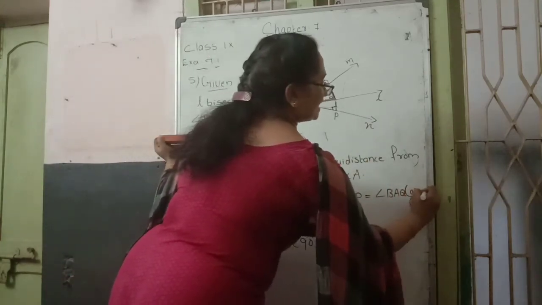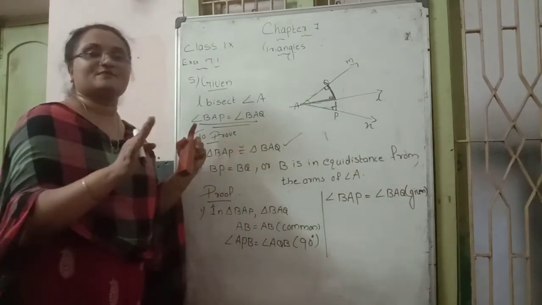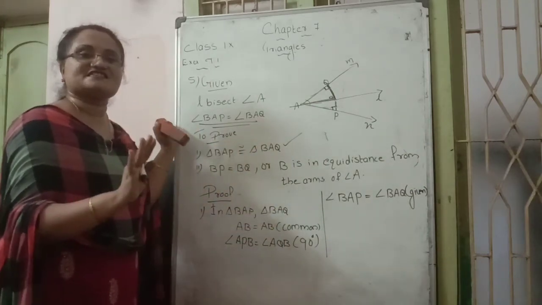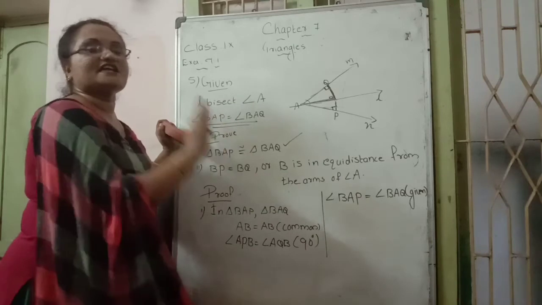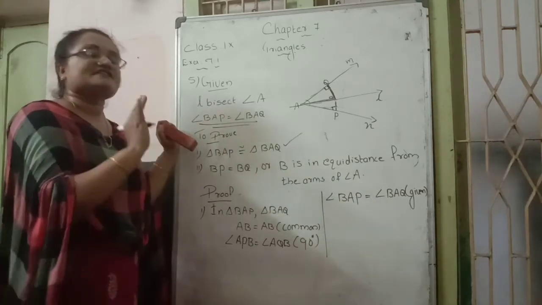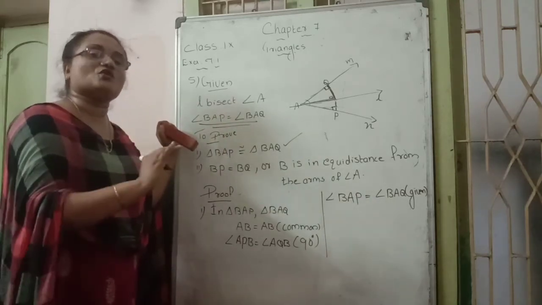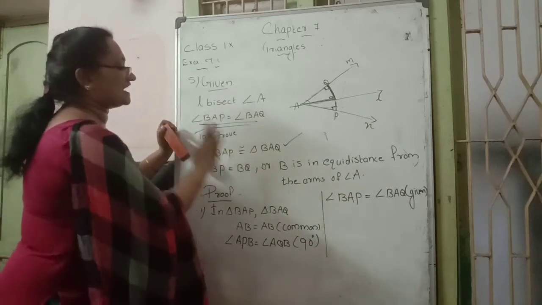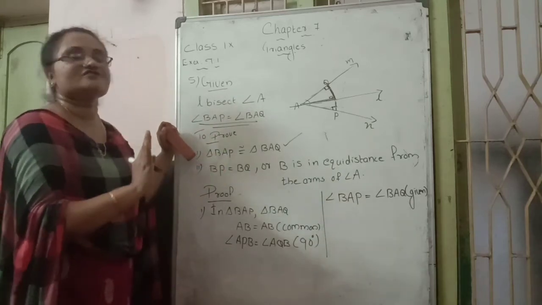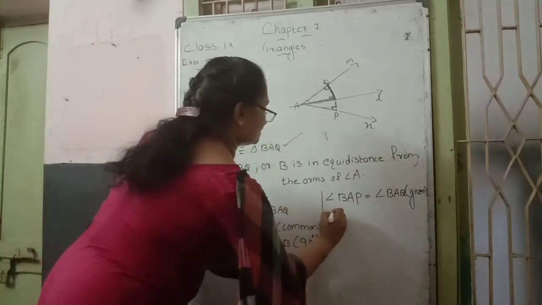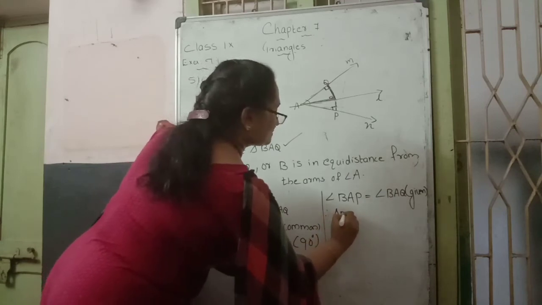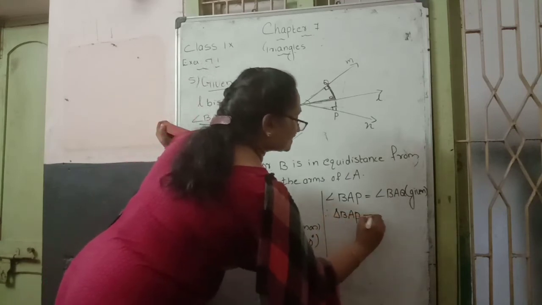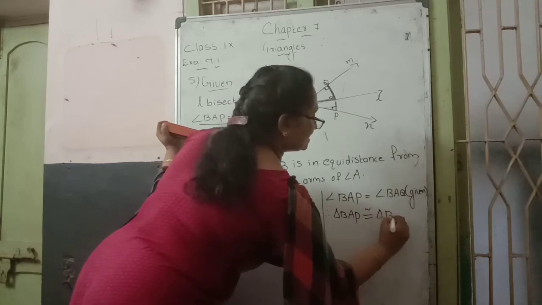So three elements are completed, out of a total of six. Therefore our given triangles are congruent. Therefore our required result is triangle BAP is congruent to triangle BAQ.